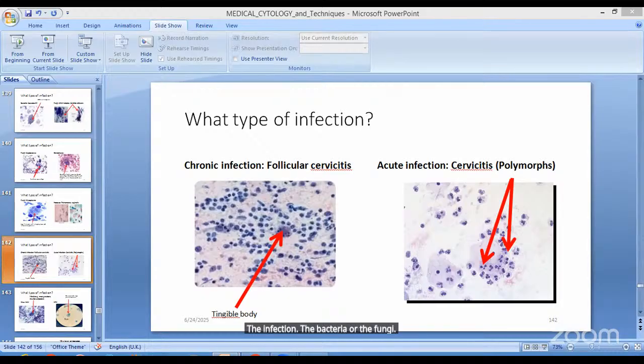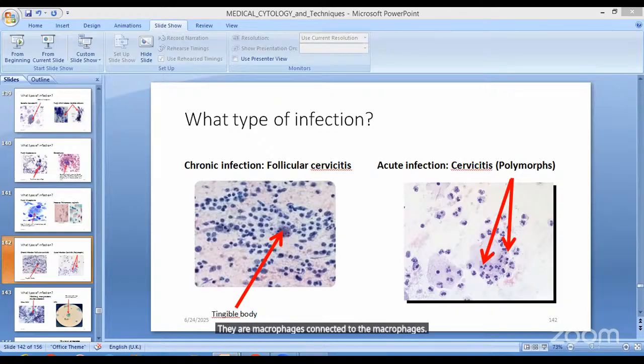And they take up stains. They take up the stain because they are live. So that's why they are called tangible bodies. Histiocytes with a drop of stains. They have taken up the stains. They are macrophages.